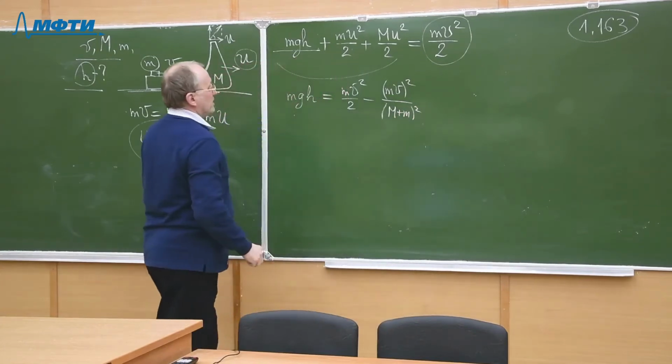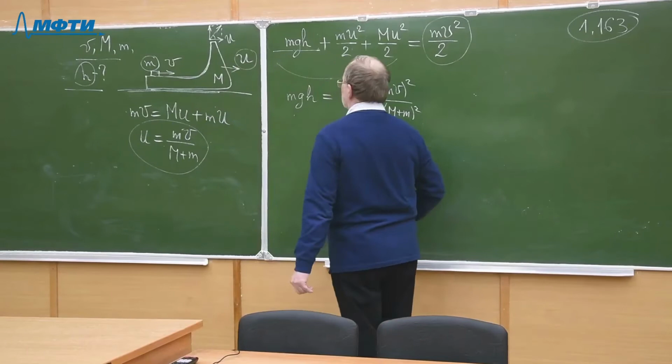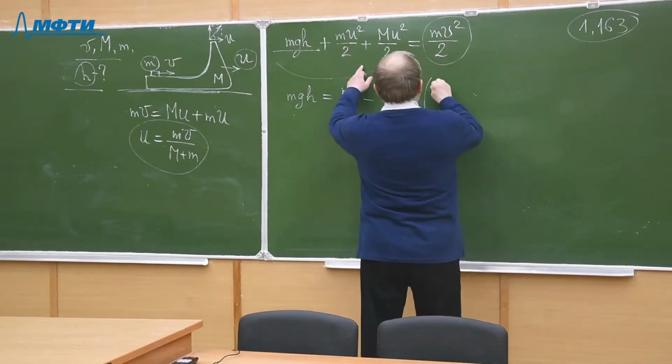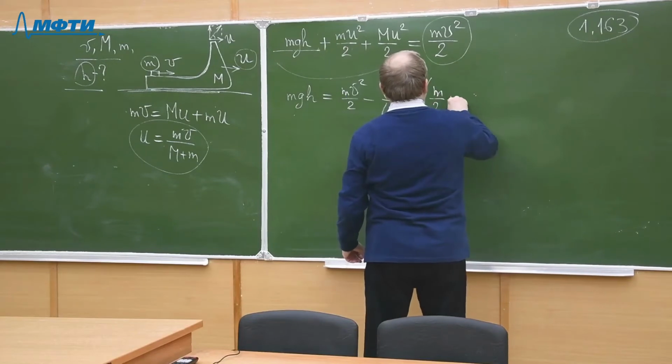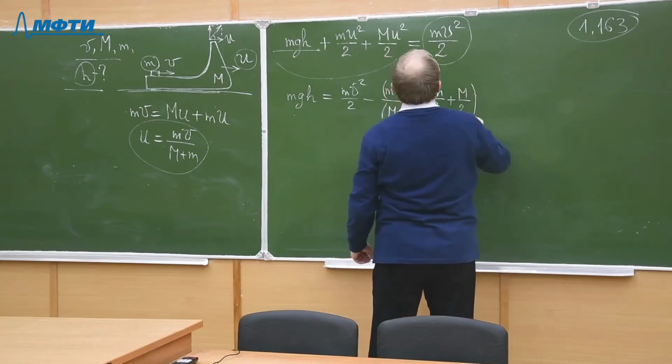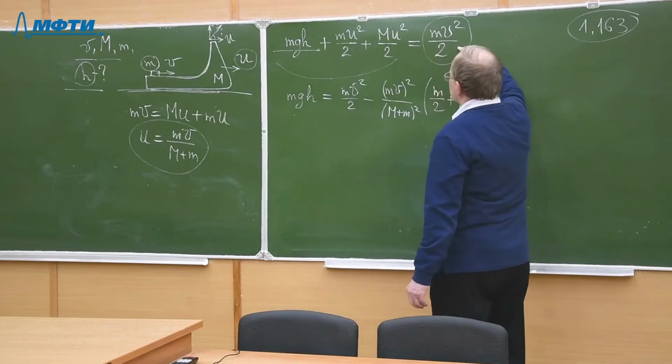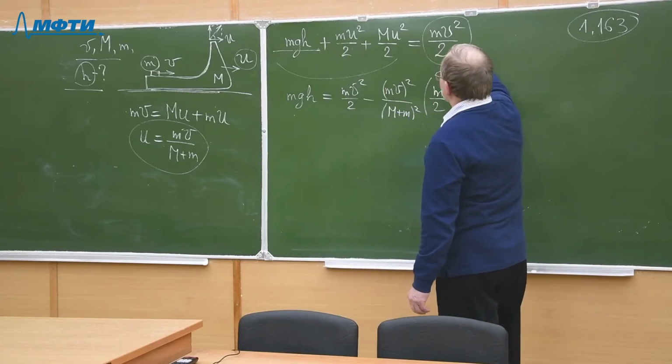So that is the square of velocity u. And then we will have here small m over 2 plus capital M over 2. Is everything correct? Seems to be so.